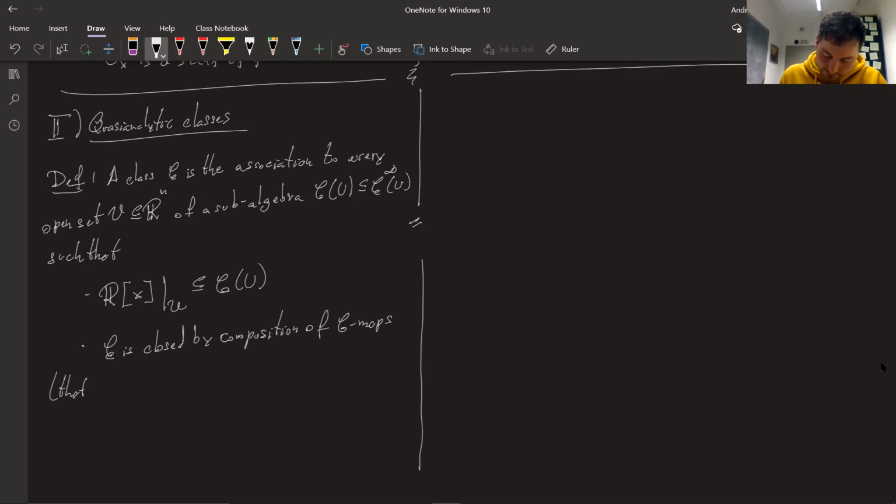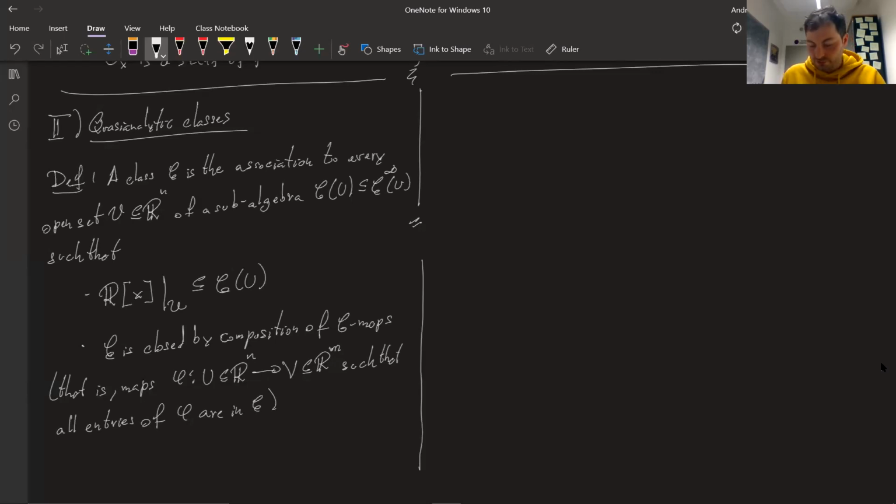That is, maps phi from U in R^n to some V in R^m such that all entries of phi are in C. So if you compose it with the projection from R^m to R, for every one of the projections, then every one of them is going to be in C.